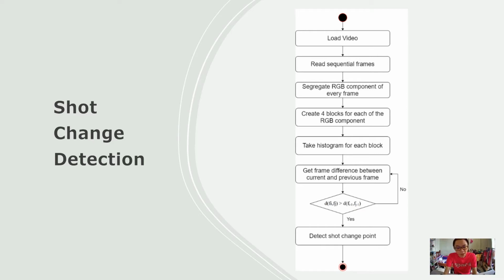Then 4 blocks will be created for each of the RGB components and a histogram is taken for each block. Frame difference between the current and previous frame is calculated. If the frame difference is bigger, a shot change point is detected. The shot will then be used for calculating activity intensity in the next step.